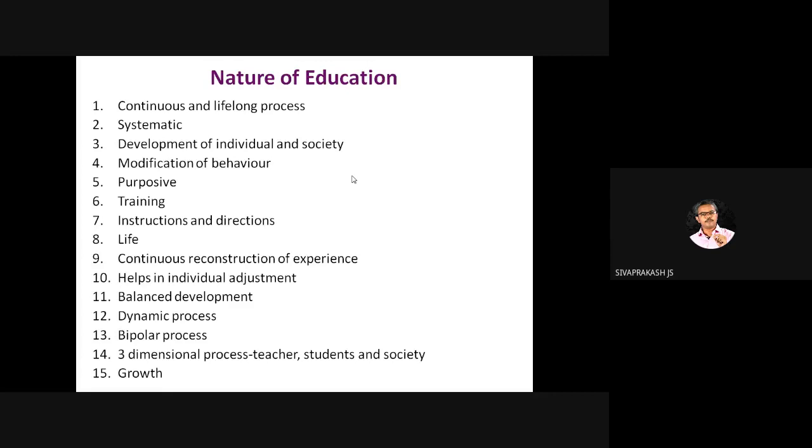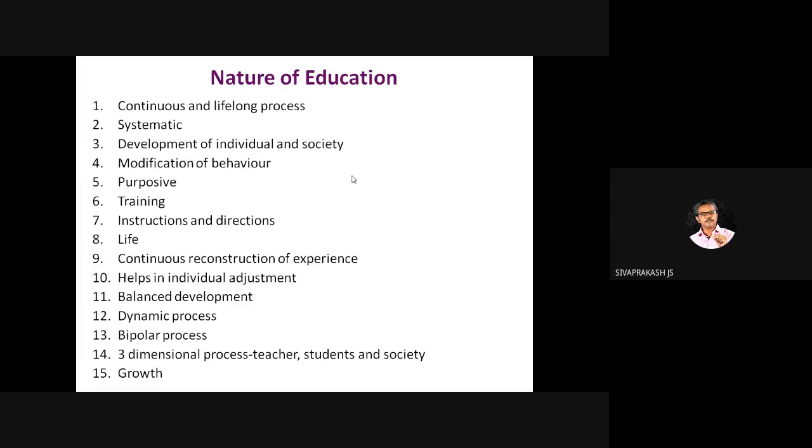Education is a dynamic process. What is a bipolar process? A two-way process. It also talks about communication, right? That's where I asked, out of 10 questions, which classroom is engaged with highly effective teaching and effective learning? A silent classroom, the teacher's voice more than the student's voice, the student's voice more than the teacher's voice, or both the same.